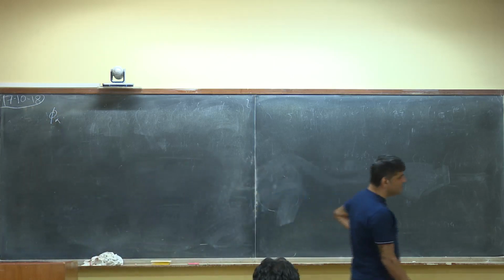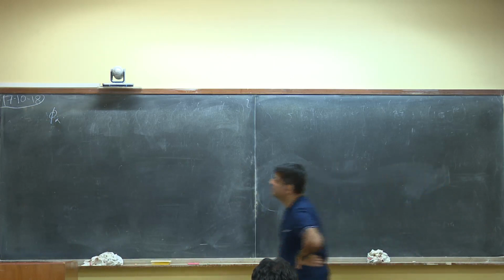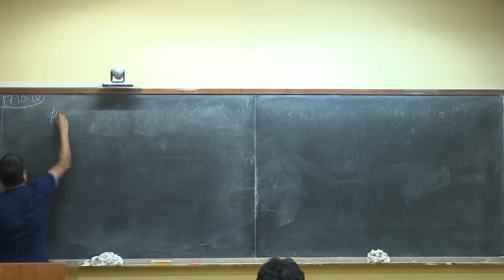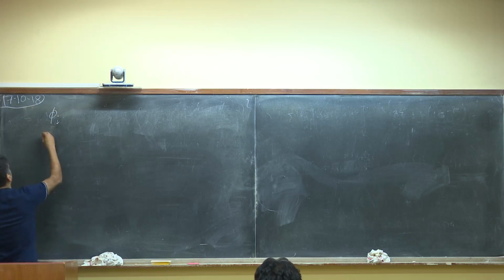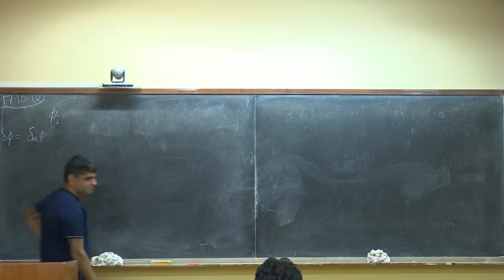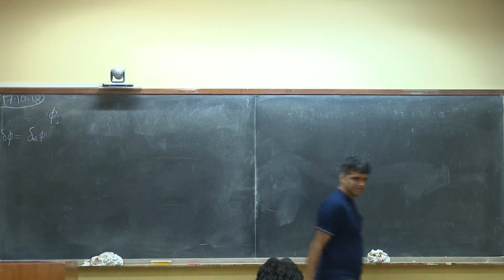And consider a theory in which there's a gauge invariance, such that under a gauge transformation, the change in phi is given by delta alpha phi, some change.